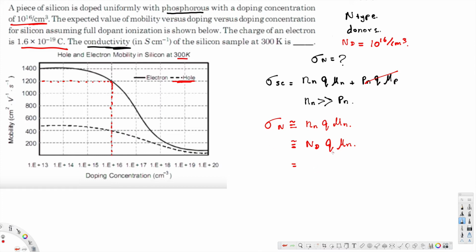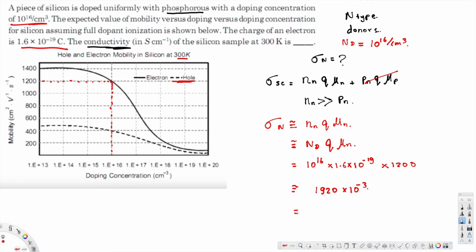Now we have all the values, so all we have to do is plug the values in and find the final answer. Nd is 10 to the power of 16 and q is 1.6 times 10 to the power of minus 19 coulomb. And then we have the mobility we just found, 1200. That gives us 1920 times 10 to the power of minus 3.